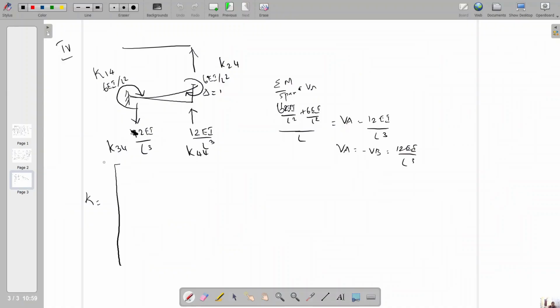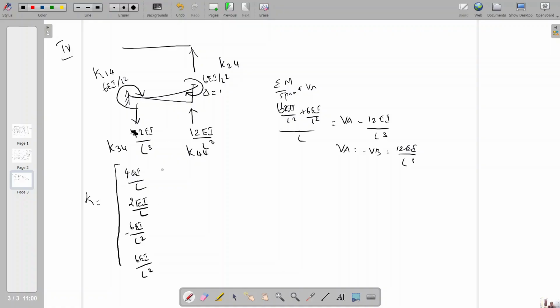So I can write 4EI by L. So next one, K21, which is 2EI by L. K31 is 6EI by L square, and K41 is also 6EI by L square. Okay, you can put the negative sign for the downward direction and positive sign for the upward direction.